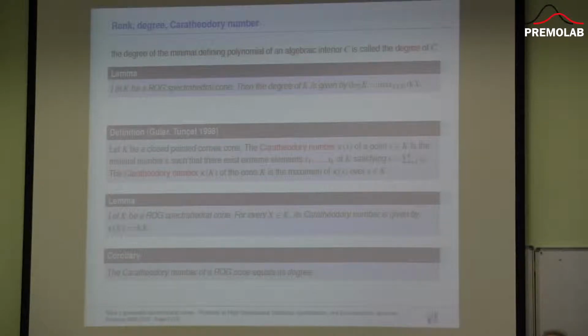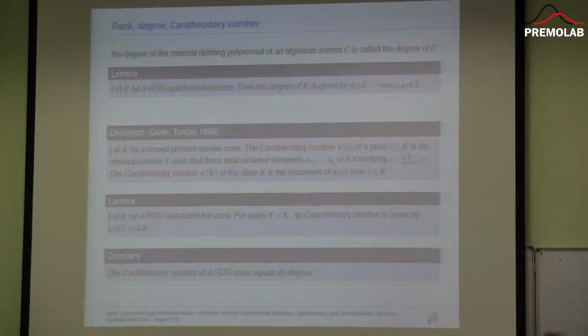By the degree of this polynomial, we can define a degree of the cone. And we see that this degree has connections with other properties of the matrices in the cone. The degree of the cone is always equal to the maximal rank. That is clear because the determinant of a k times k matrix is of degree k.